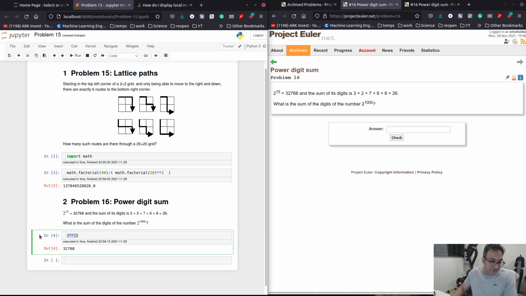In Python you convert it into a string, map int, and then you take the sum, 26. Okay, and then you convert it into 1000.